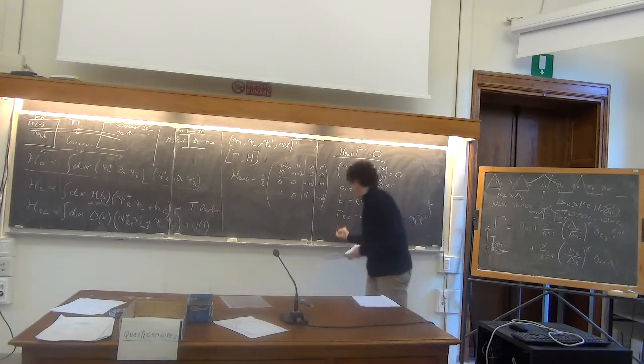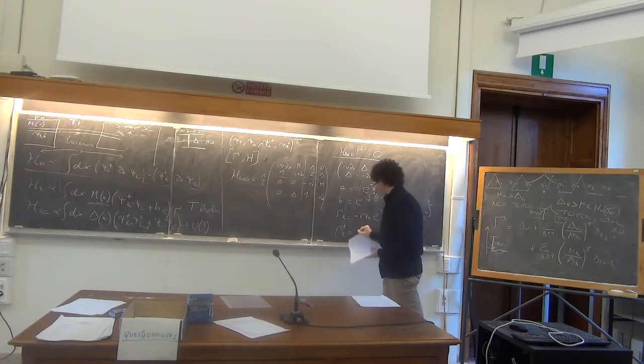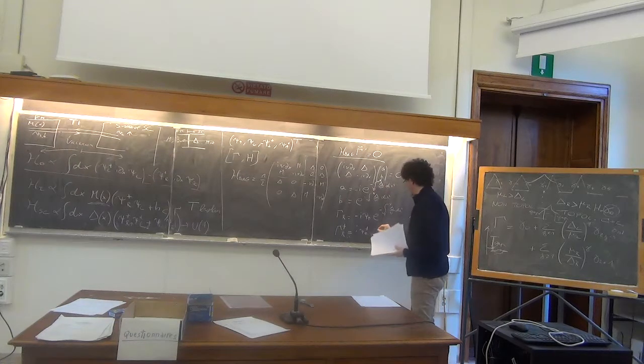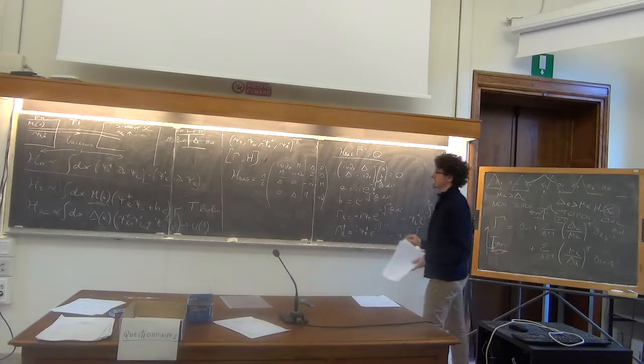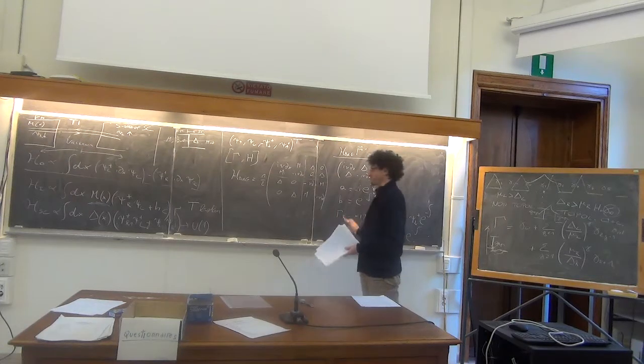And then I will have gamma up dagger, which is equal to psi up dagger times the exponential, minus psi down times the exponential.